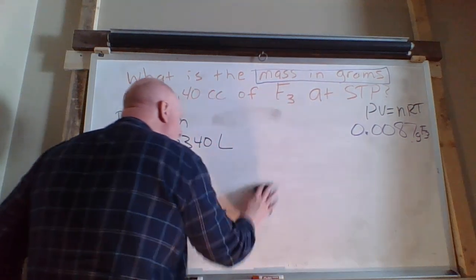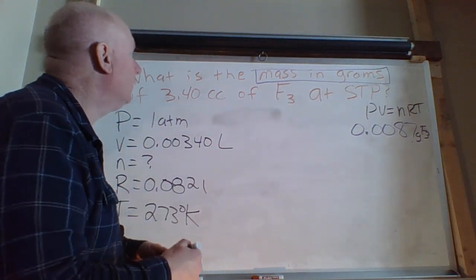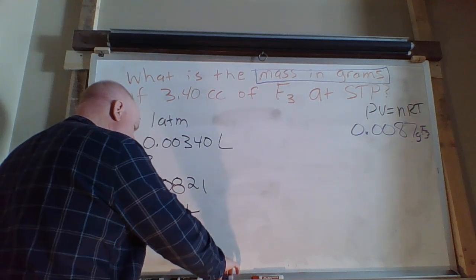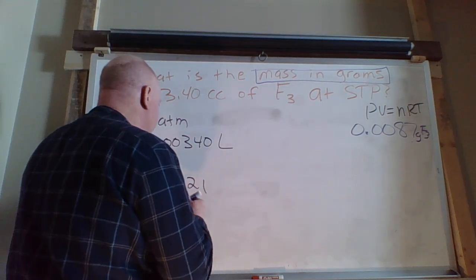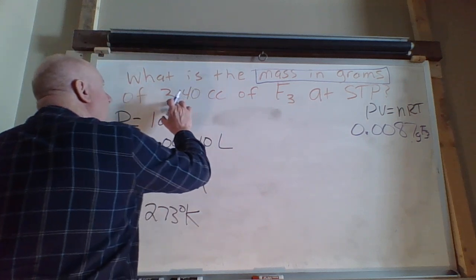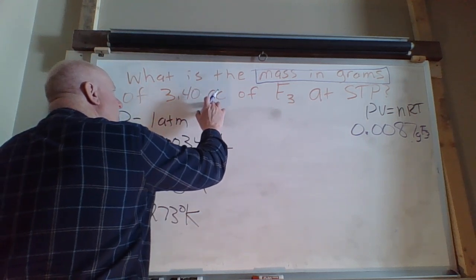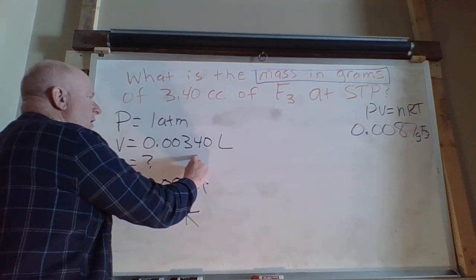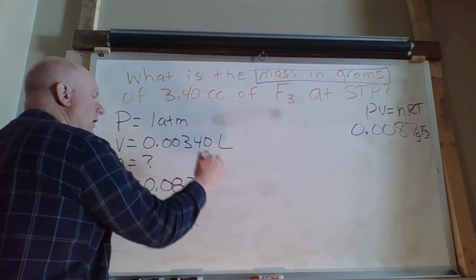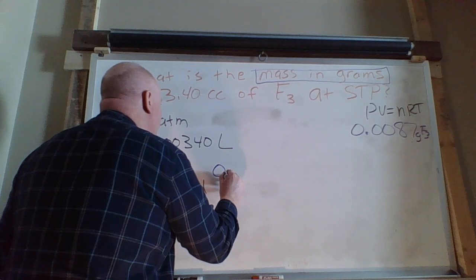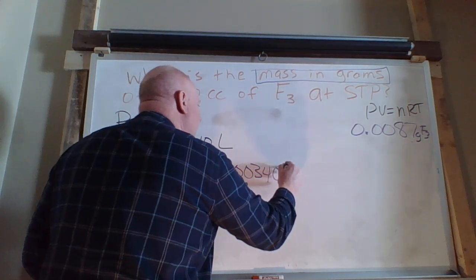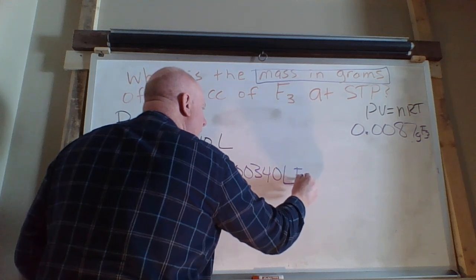Okay, so in order to do that, we have to have a place to start, and that is, let's see here, I'll just keep this as a purple color, 3.40 cubic centimeters, or if you do this in dimensional analysis, you have to have it in liters, so 0.00340 liters of F3.